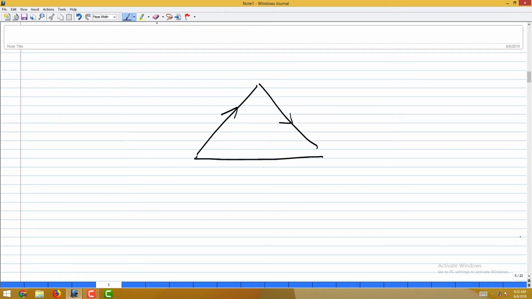Now the third edge has this direction. On the other hand, if I had given this direction, what would have happened? This is not transitive, because this direction should be from here to here. So you have to try whether you can give arrows so that you can satisfy all the three properties, and that becomes a partial order. When you write down the pairs corresponding to the directed edges, that will become a partial order.